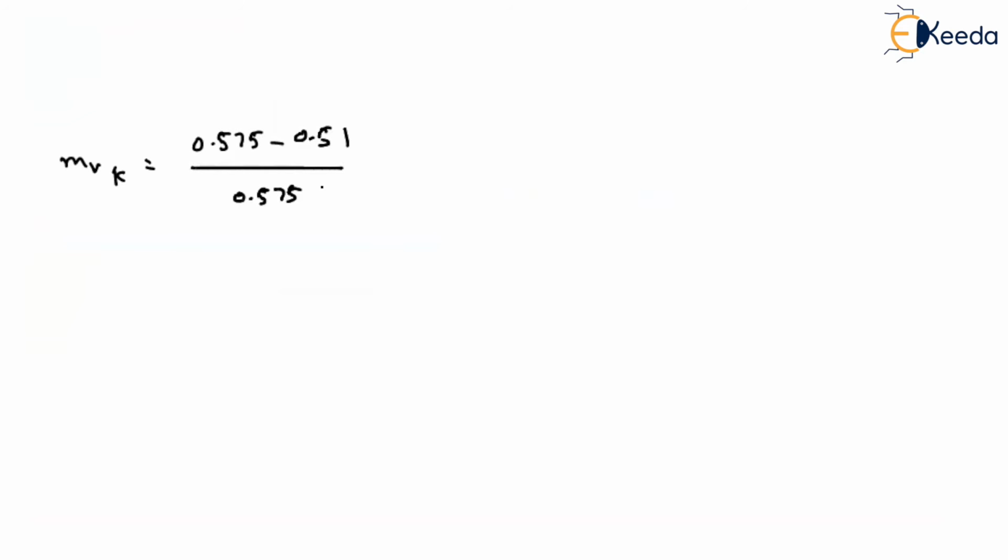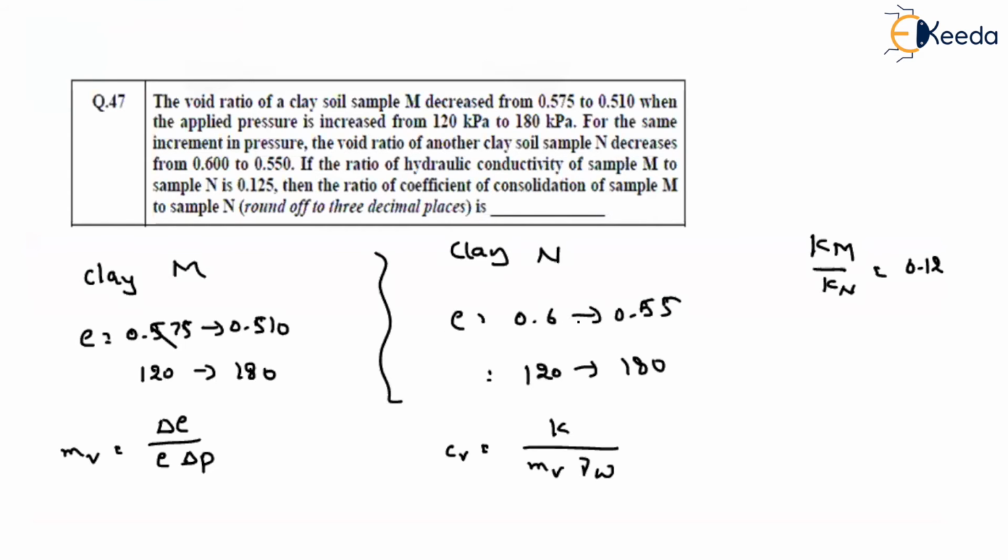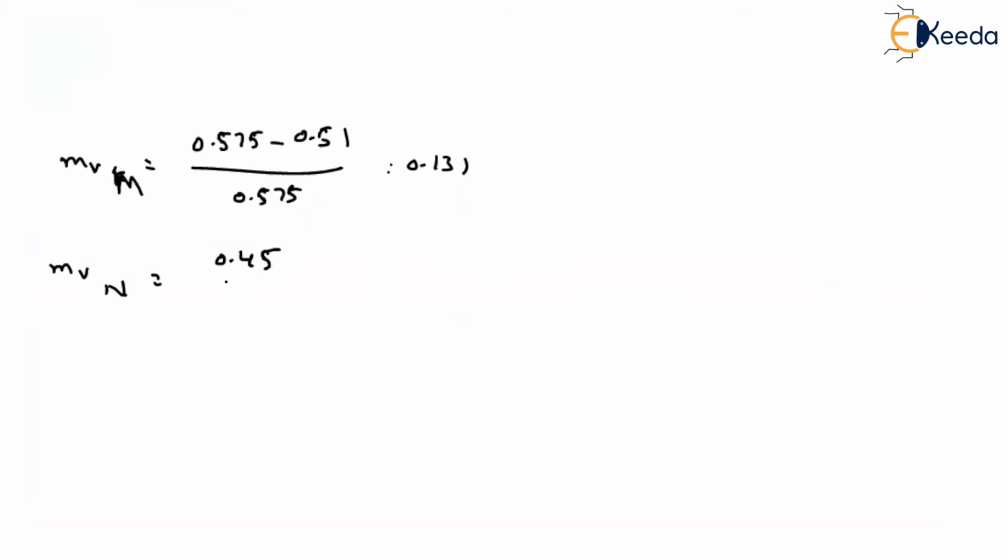If you solve this, you will get around 0.131. This is for sample M. Similarly, what about the mv value in sample N? What is the change in void ratio? 0.6 minus 0.55, that is 0.05, divided by the initial void ratio 0.6. That implies you will get a value of around 0.083.